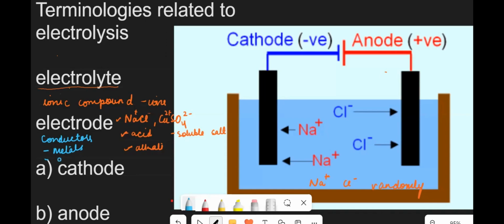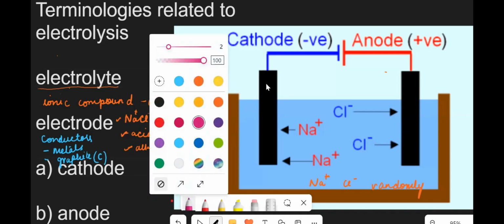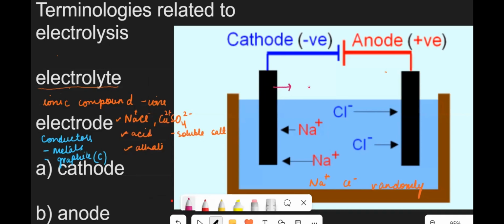Apart from metals, we have another substance we are very much aware of, and that is graphite. Graphite is a form of carbon. So these are my conductors. This is one conductor, this is another conductor, and we commonly call them electrodes.